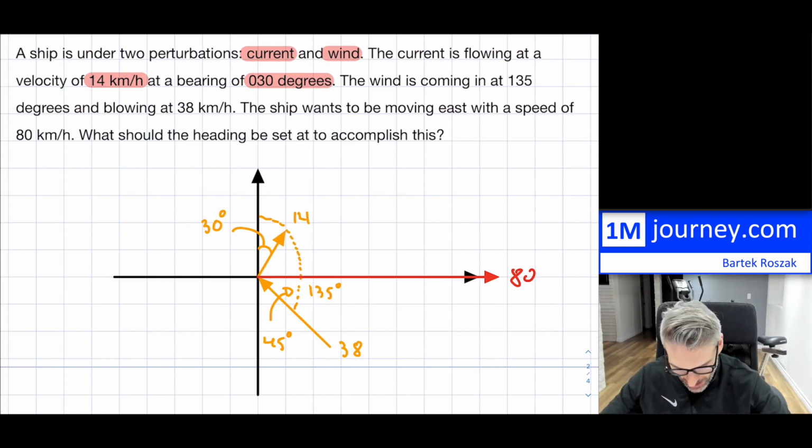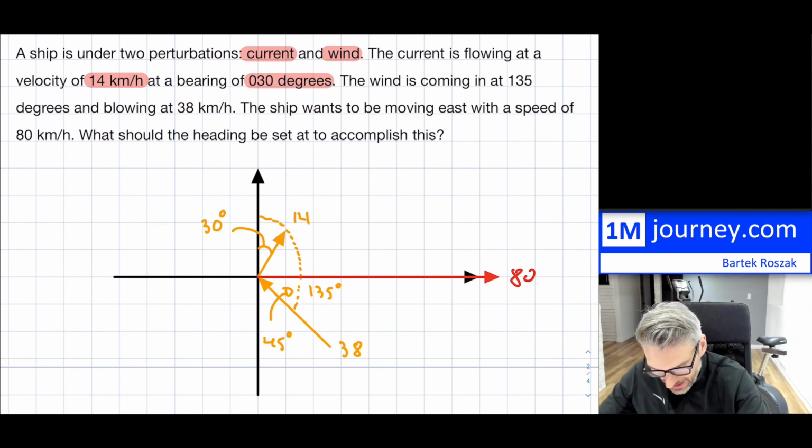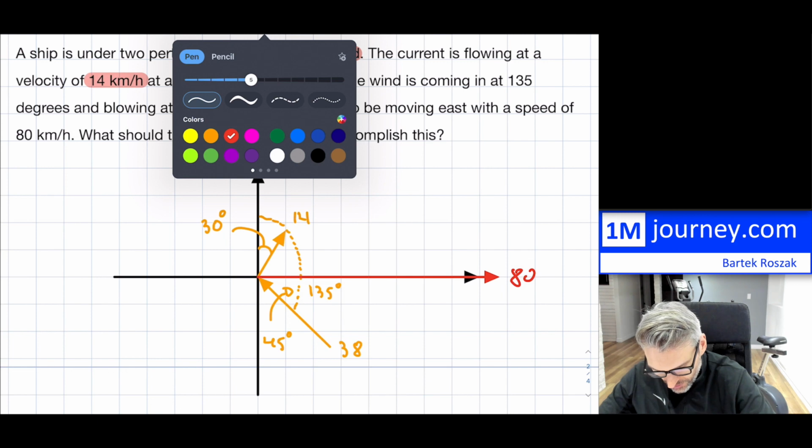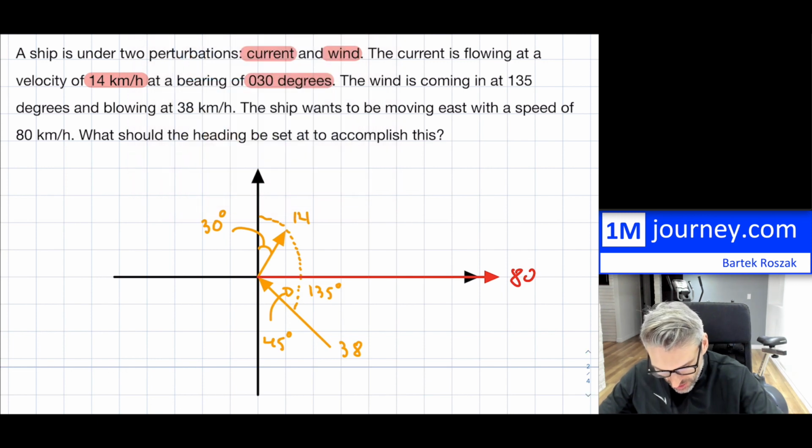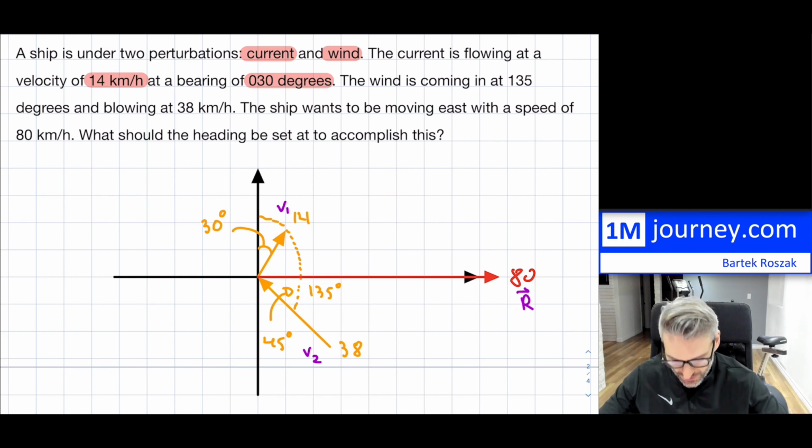So how would this all work out if you wanted to be able to solve this? Ultimately what we have is this. I can label these in terms of vectors altogether. So this is going to be V1. Let me call this one V2. Because this is my resultant, that's my bearing, I'll call this R. And then I'm going to have my heading one.